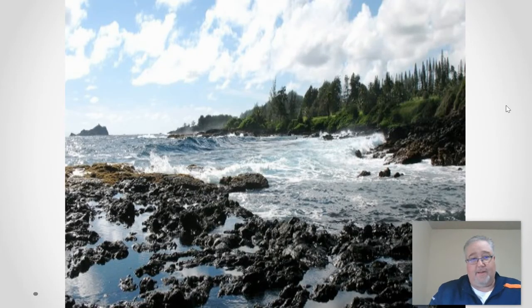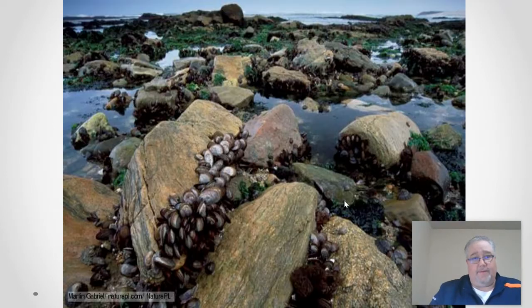So the intertidal zone is understandable. Here's a good picture of the intertidal zone. Obviously, look at the wave action here. It'd probably be really difficult for a lot of fish to live in here. But organisms that can attach themselves permanently to a rock would probably do very well. So that's why we see a lot of those things living in those areas.